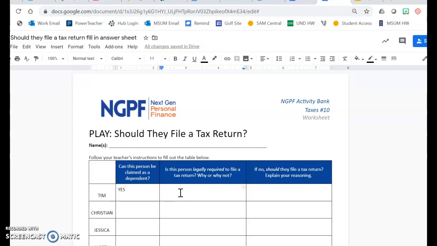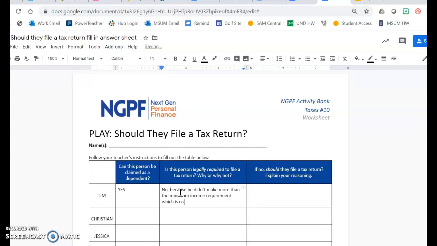Next part, is this person legally required to file a tax return? Why or why not? No, we would say. Get complete sentences here. We'd say no, because he didn't make more than the minimum income requirement, which is currently $12,200.